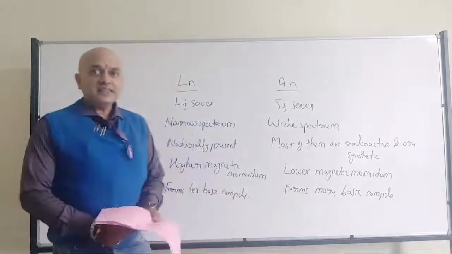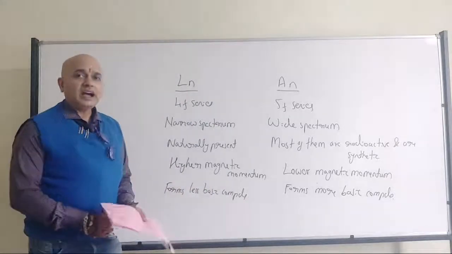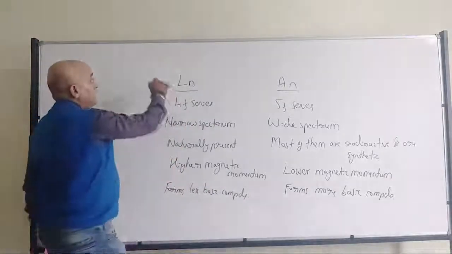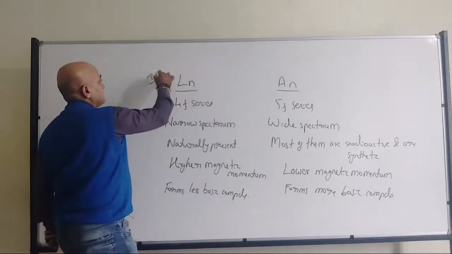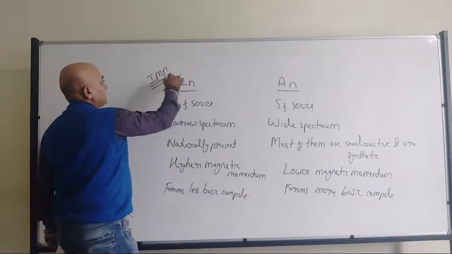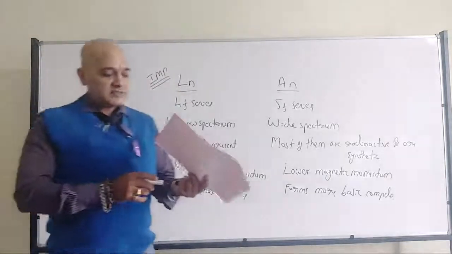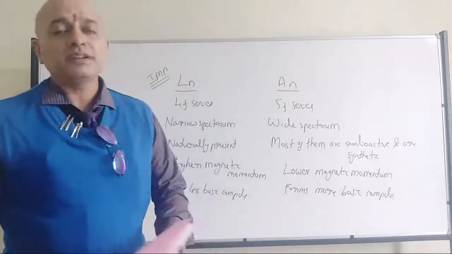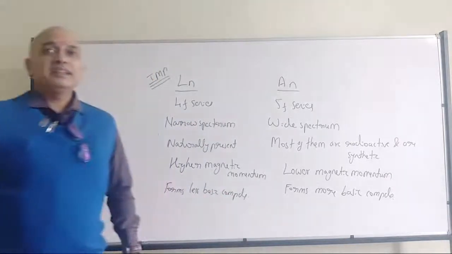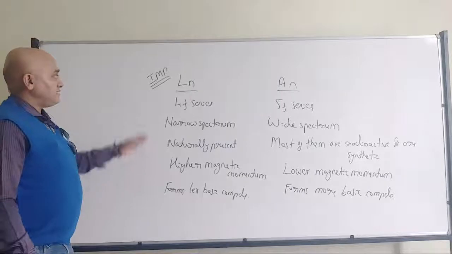Fine. So in that case, whatever I have written on the board, I mentioned that one as important. If it is asked, it will be for 2 to 3 marks. 3 marks question: difference between lanthanides and actinides.